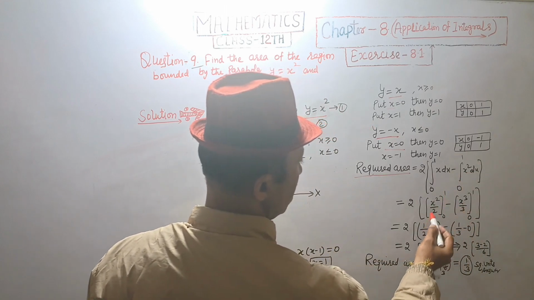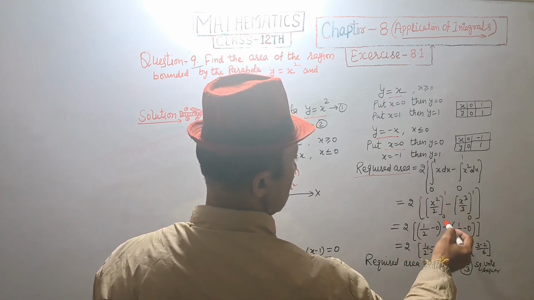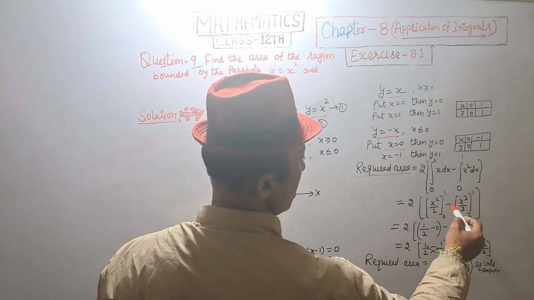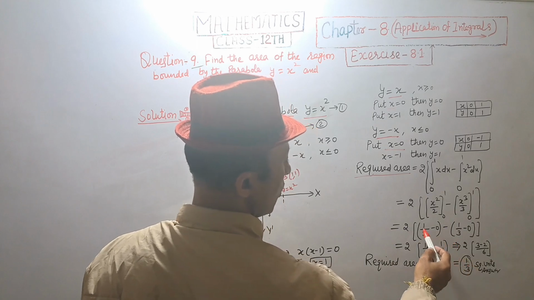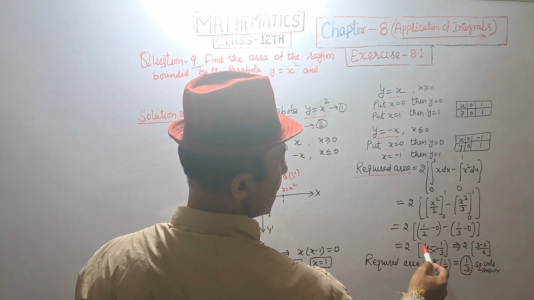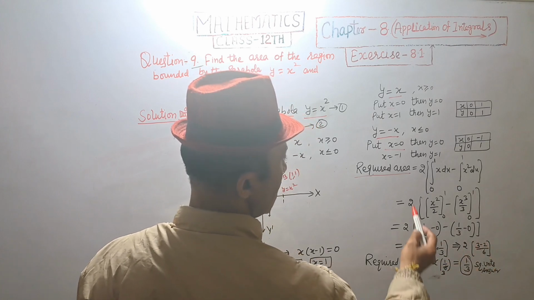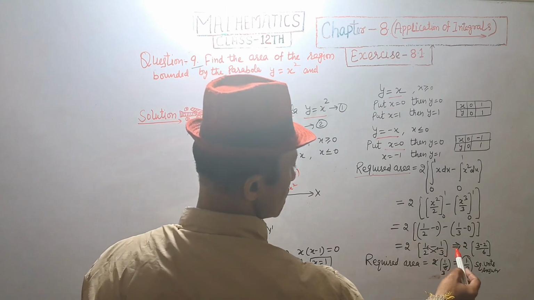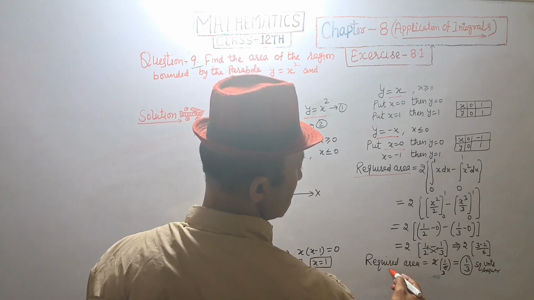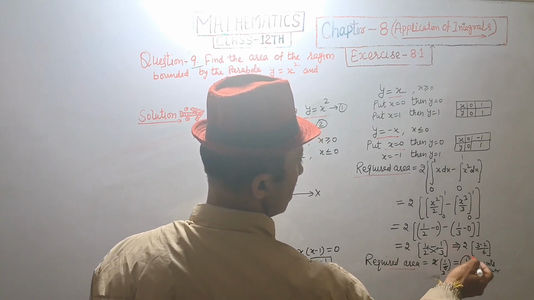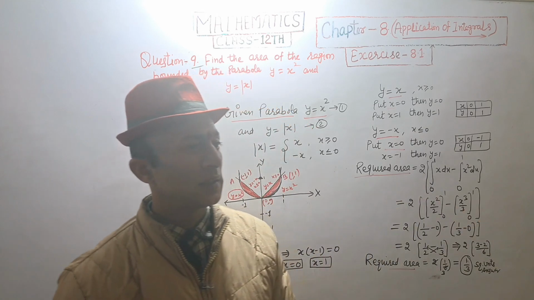Putting upper limit 1, 1 square upon 2 is 1 upon 2, then lower limit 0, that will be 0, minus upper limit 1 cube upon 3, that is 1 upon 3, minus 0. 1 upon 2 minus 1 upon 3, 3 minus 2, that is equal to 1 upon 6, and it's 2 times the area 1 upon 6. 2 ones are 2, 2 threes are 6, so we get the required area is equal to 1 upon 3 square units. Answer. Thank you so much.